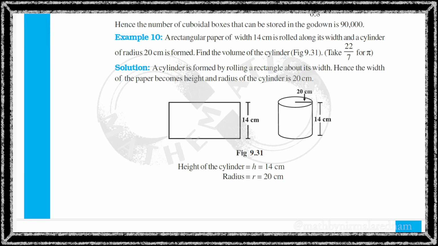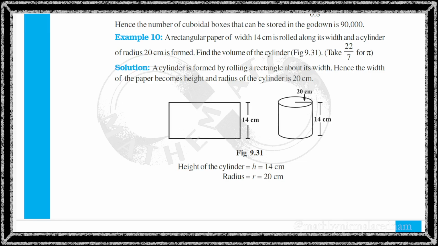So here this phrase, it's very important that you understand this phrase. Rectangular paper is rolled along its width. So this height is going to be retained. This particular 14 centimeters width is not going to change. For the cylinder also, it's going to remain as 14 centimeters. That is the meaning of rolling along its width.